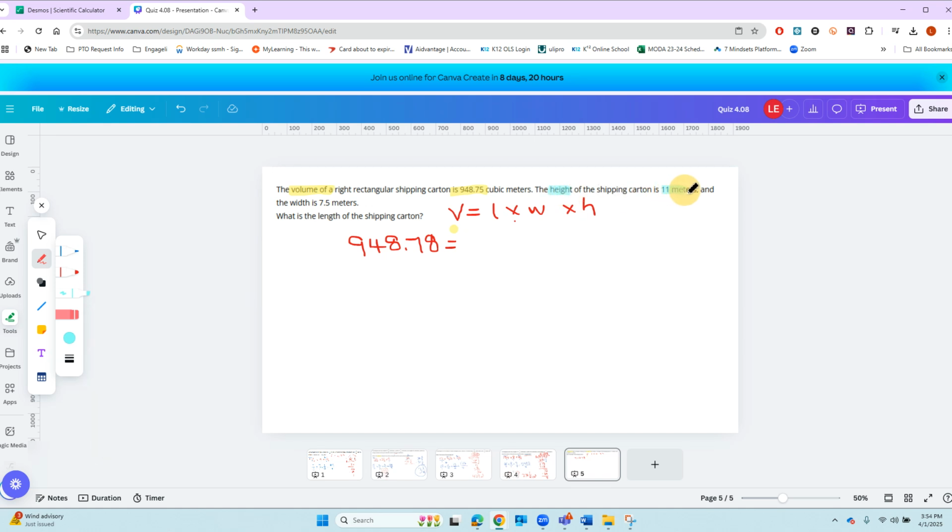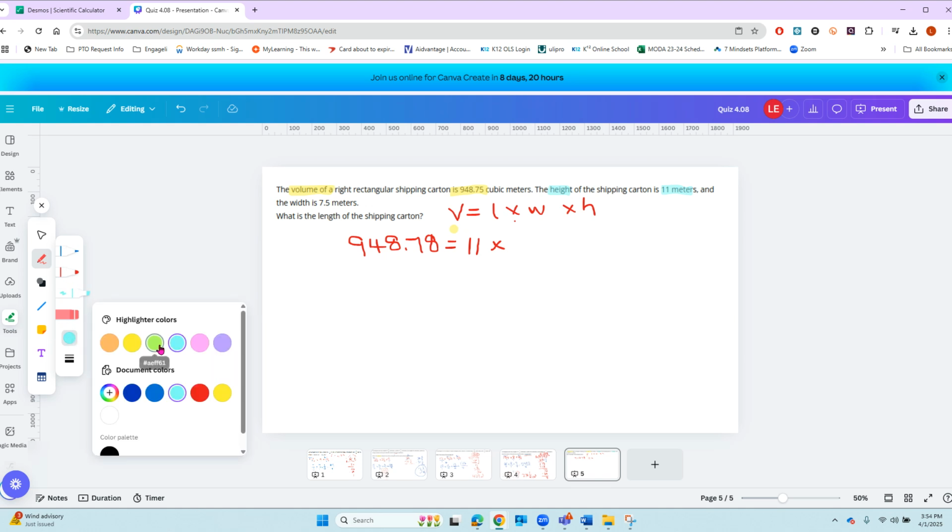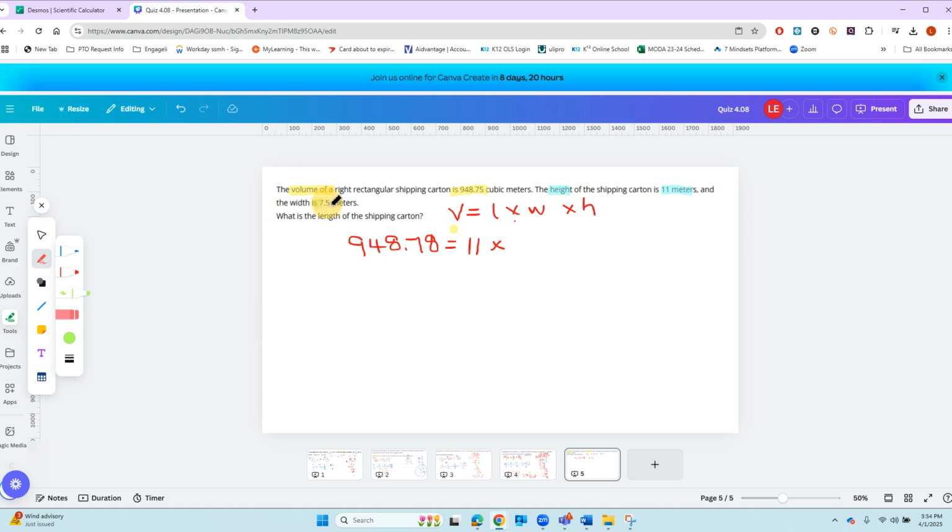Now again, since this is multiplication, I can go ahead and put that in next. So I have 11 meters and put my multiplication sign in. And then let's keep on reading. And the width is 7.5 meters.